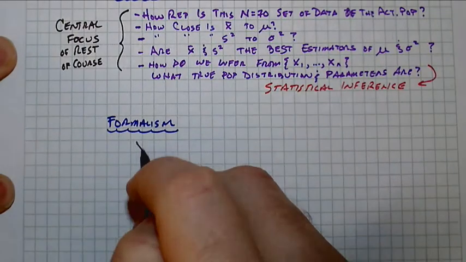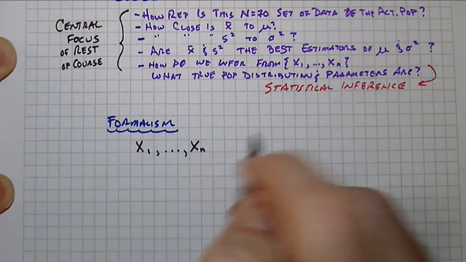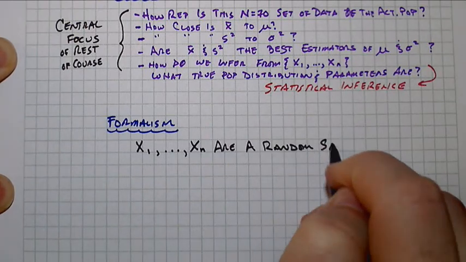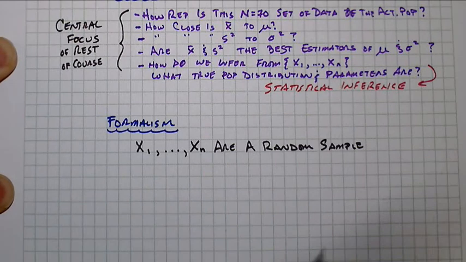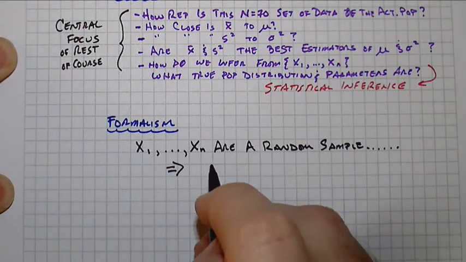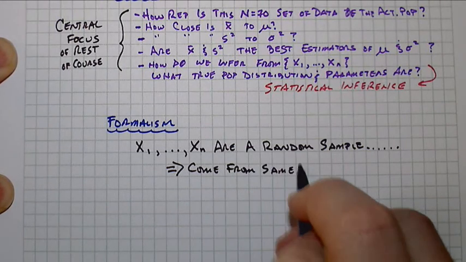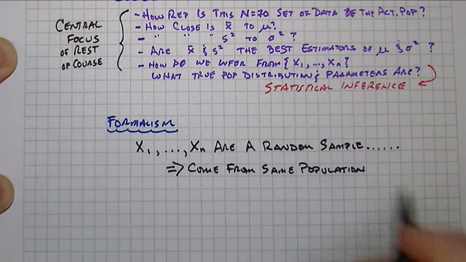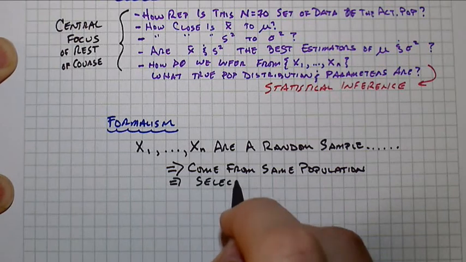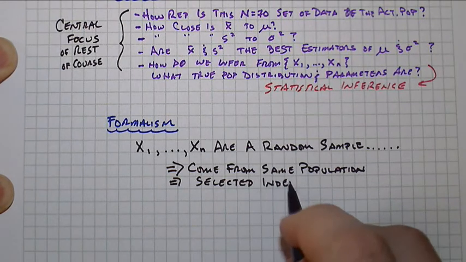Our sample data, x1 all the way up through xn, are a random sample if they come from the same population and are selected randomly, but what we mean by that is that they're statistically independent from each other.